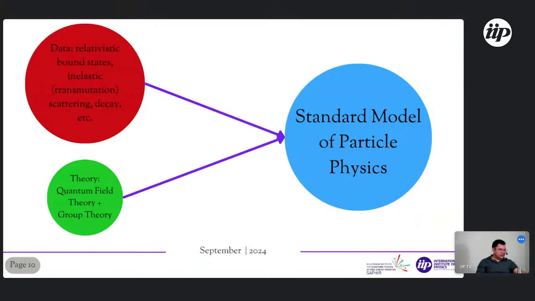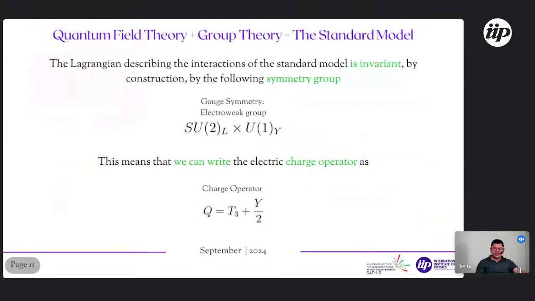So the standard model of particle physics is basically a sum: the sum of quantum field theory and group theory. The standard model needs to have some properties to reproduce the phenomena related to elementary particles.